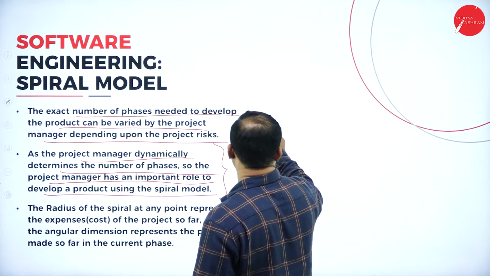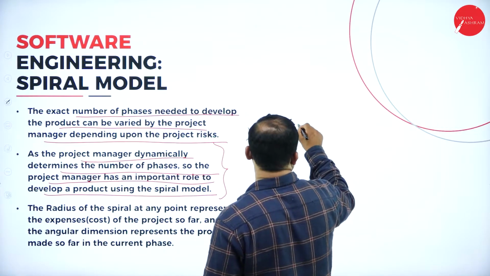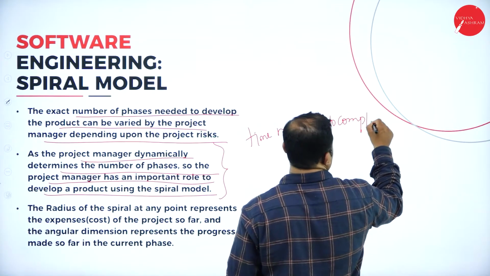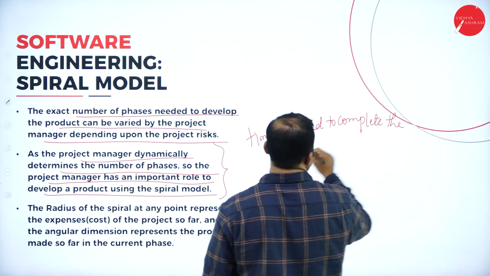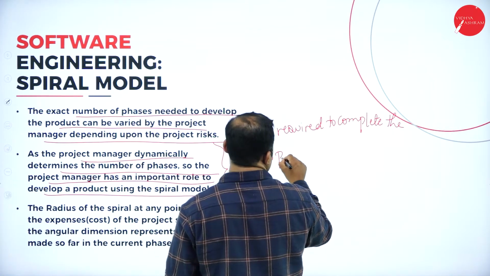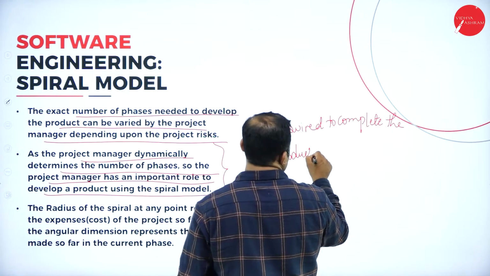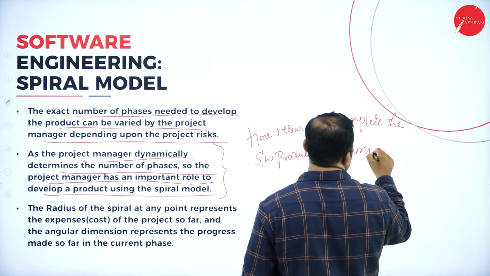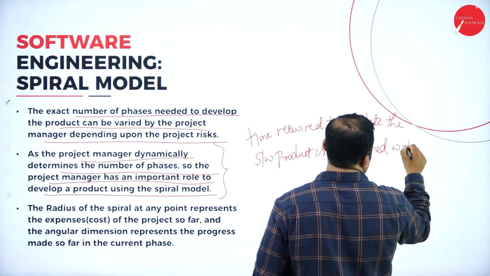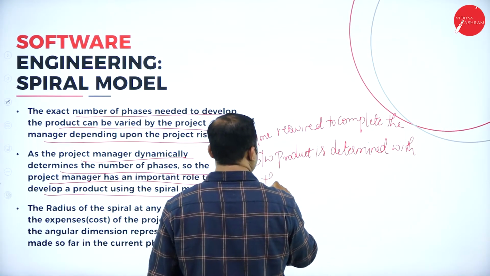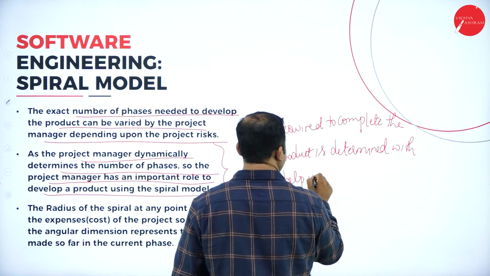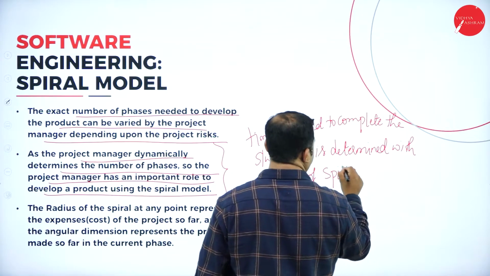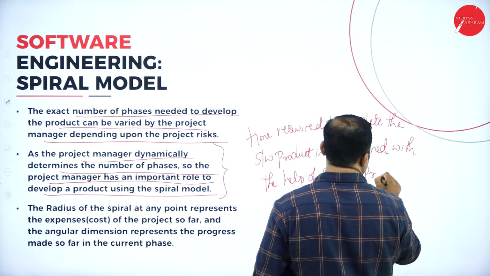That is, the time required to complete the software product is determined with the help of the spiral prototype model.